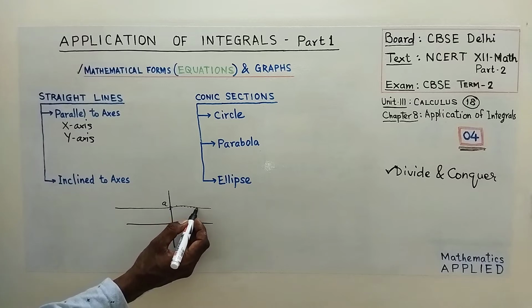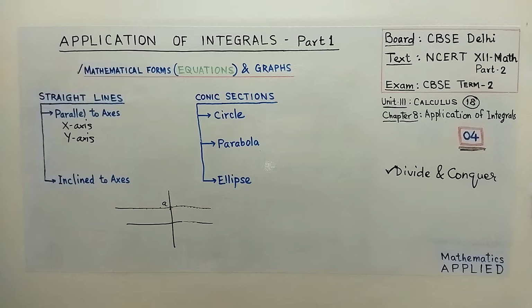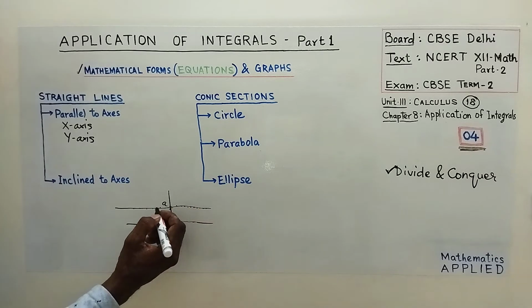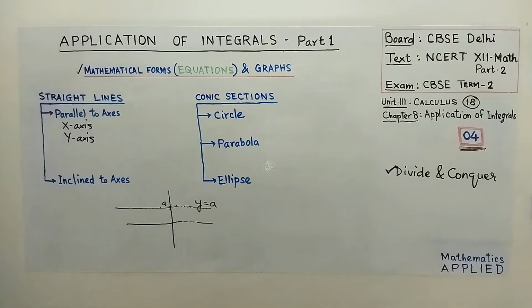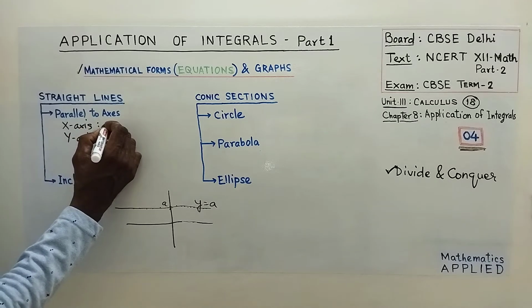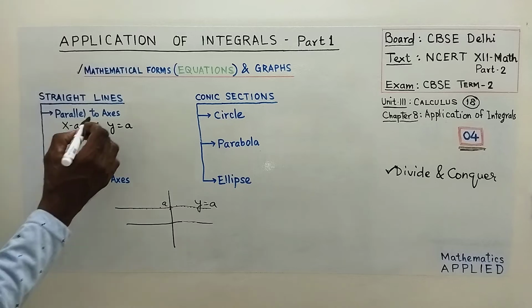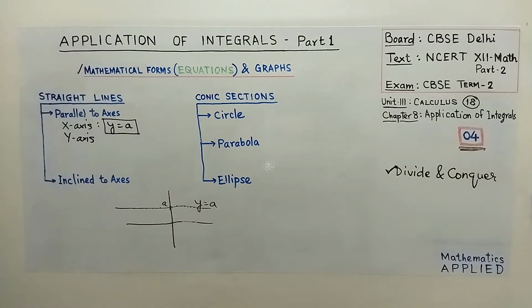Over all the points on this line, the y coordinate is always a, and we use that fact as the equation for the line. So y equals a is the kind of equation for any line which is parallel to x axis.